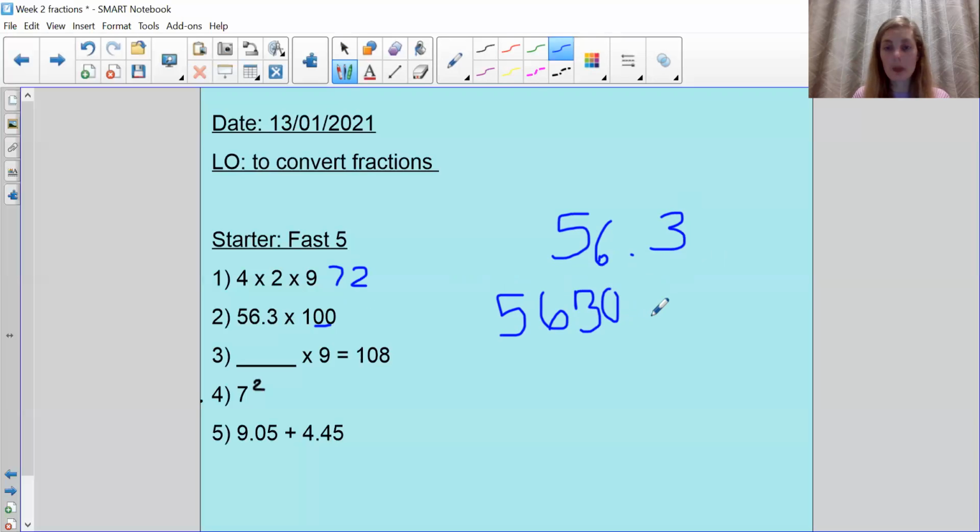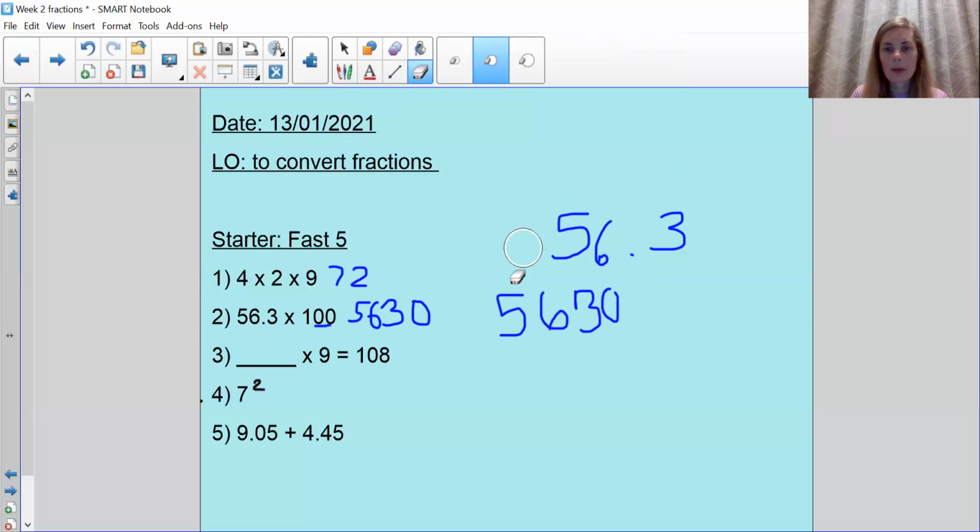If you want to put the decimal in, you can, and then just make sure you put another 0 afterwards. If you don't put the decimal in, that's also fine. But you've moved the numbers now 3 times and put in that placeholder to represent that place value, okay? So hopefully you got that one correct. So I'm just going to write it nice and neatly here. Not very neat, but there we go. Right, let's rub that out so we've got some more space to work out.